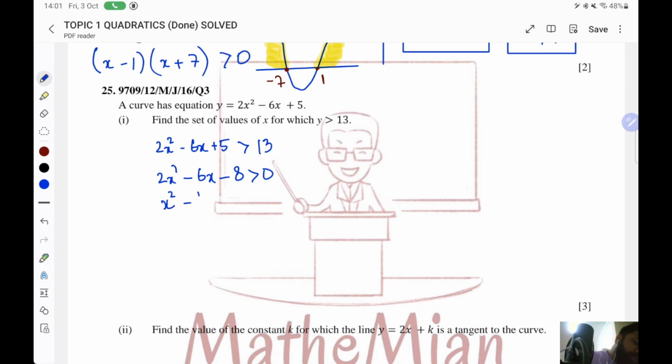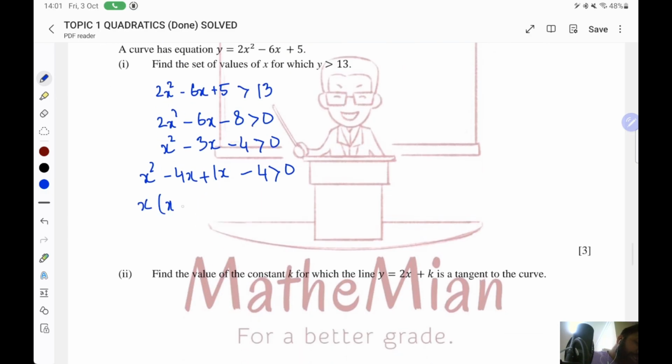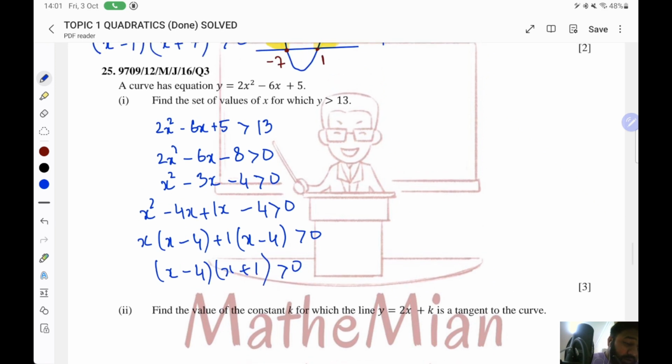We can divide that by 2, so x square minus 3x minus 4 greater than 0, so x square minus 4x plus 1x minus 4 greater than 0. So the two brackets will be x minus 4 and x plus 1 greater than 0.